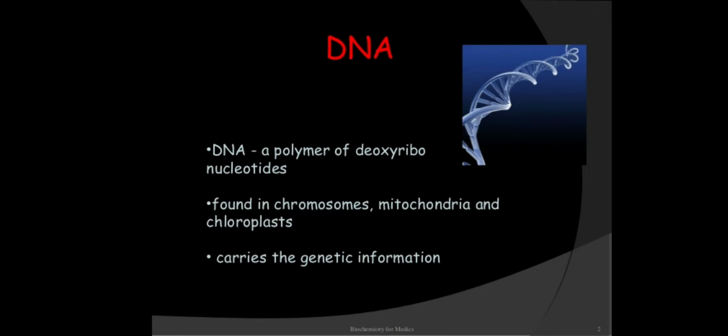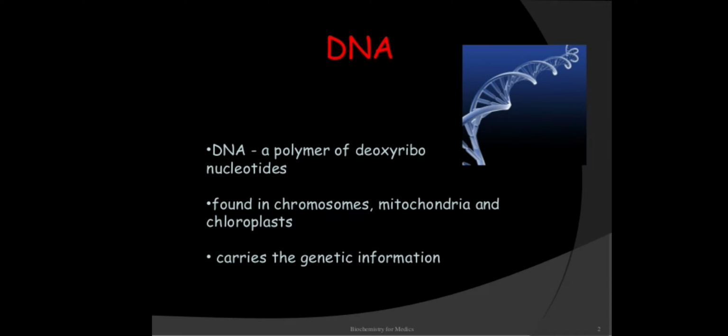Why? Because DNA is one type of nucleic acid, and nucleic acid, as I've said, is also known as a polynucleotide, with many nucleotides bonded together. That is why DNA is a polymer of deoxyribonucleotides. Basically, DNA is found in the chromosome, mitochondria, and chloroplast.